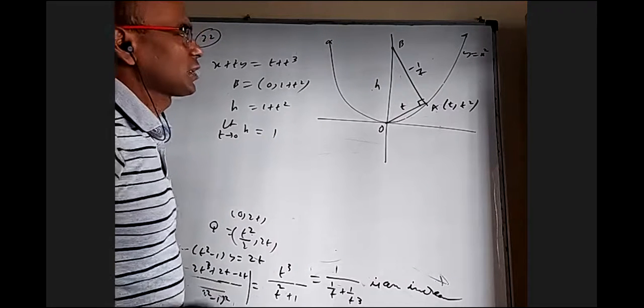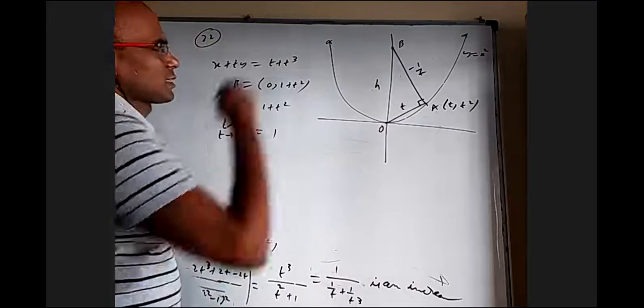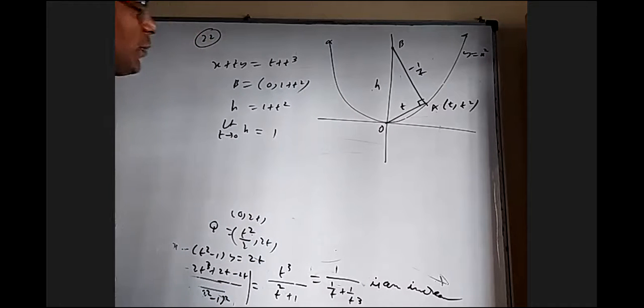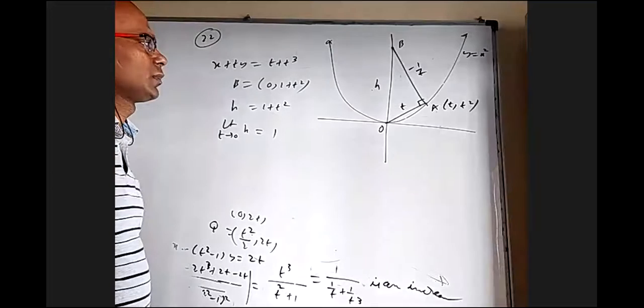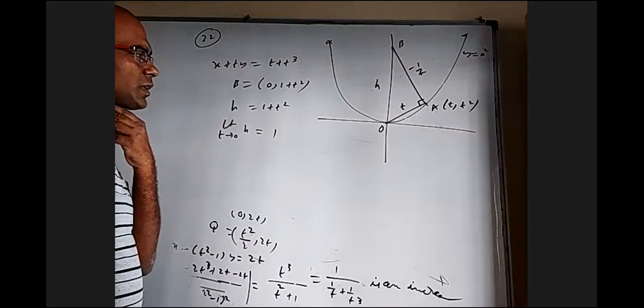So for us 4a is 1. So basically this length is 4a, which is double of 2a. Why is that? Whatever is the normal x-intercept, this length will be double of that.